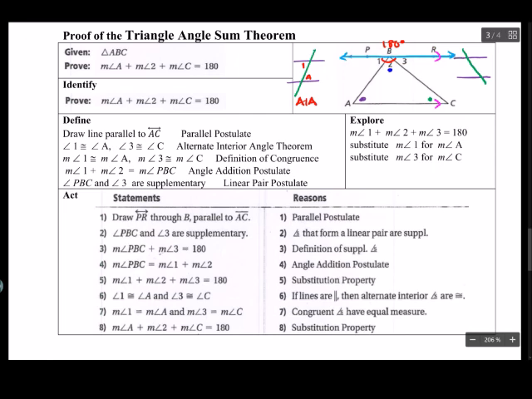Extend our line there a little bit. And that is going to allow us to relate angle 3 and angle C. And those are also alternate interior angles. And so I am going to be able to say that angle A is congruent to angle 1. Let's use a different color there.